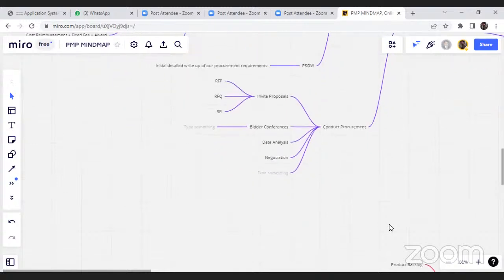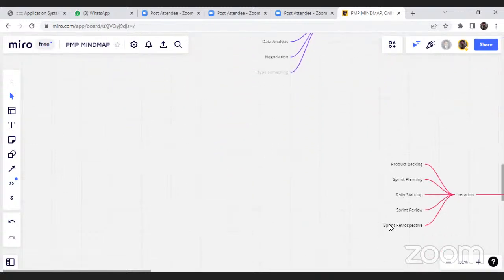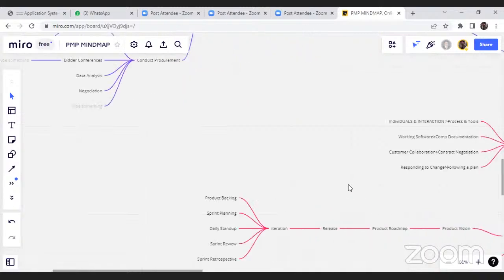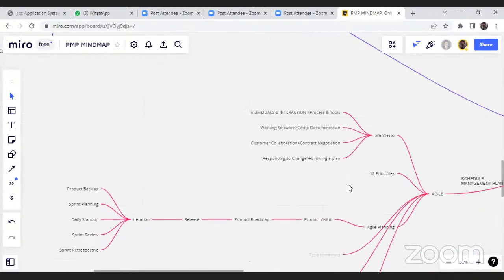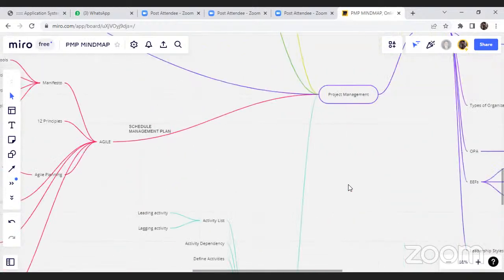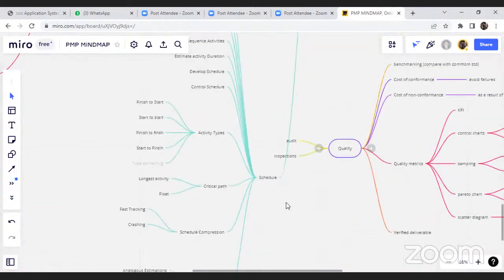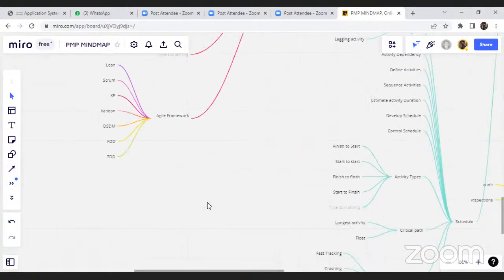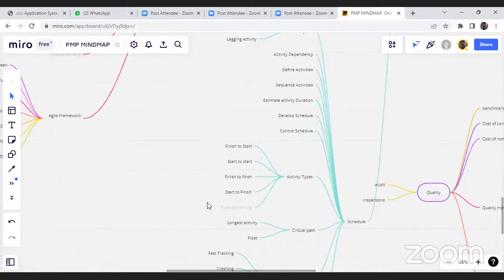After that, we do a data analysis, verify all the offers from the vendors, and then start the negotiation process. After negotiation, we come to an agreement with the vendors. For control procurement, we have not been able to cover it due to lack of time.